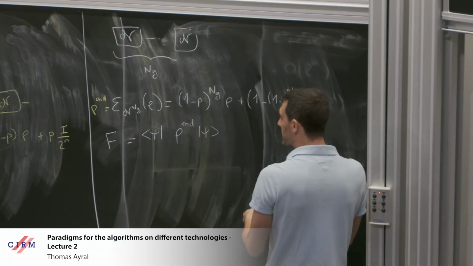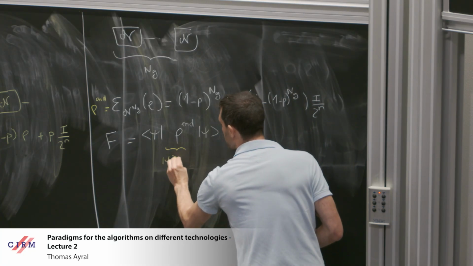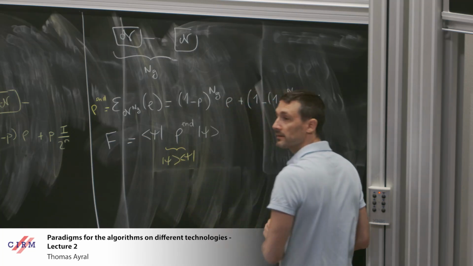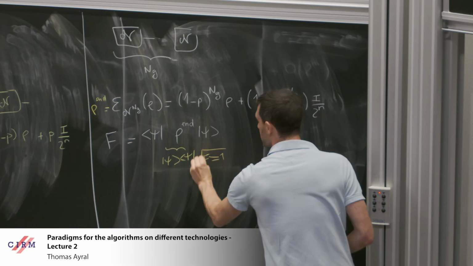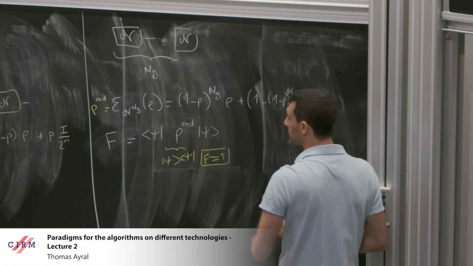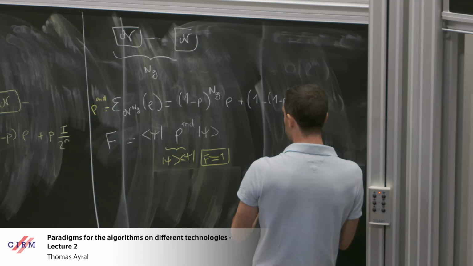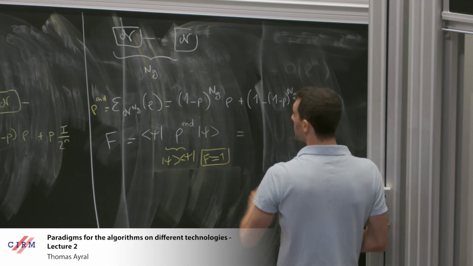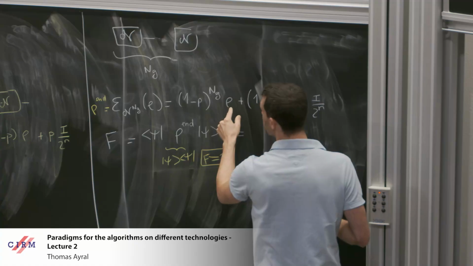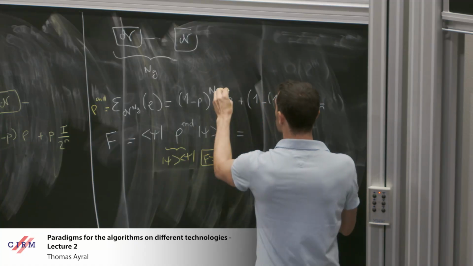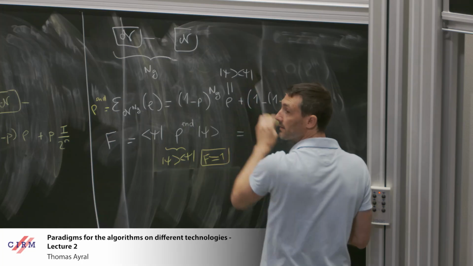And of course you can check that if I had no error, so if rho end were psi psi, then of course in this case you get that F equals 1, right? If rho end is the same as the beginning. But now what happens if you apply this formula to the expression above? You see that I put my psi, I sandwich, then the initial rho here is psi psi, it's the initial state.